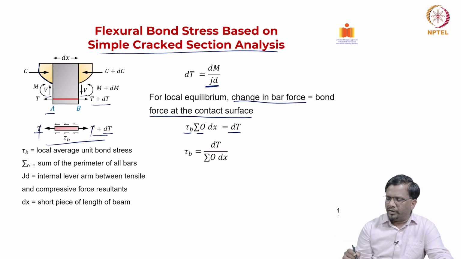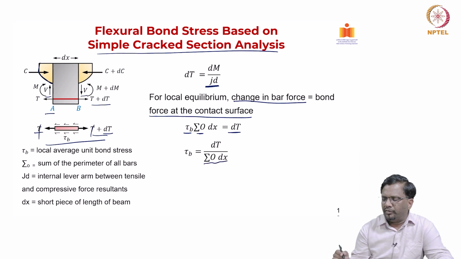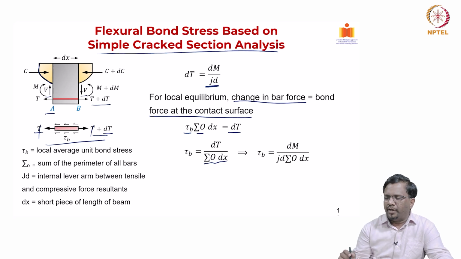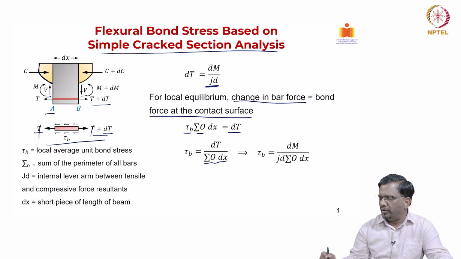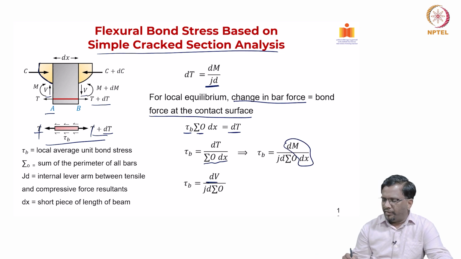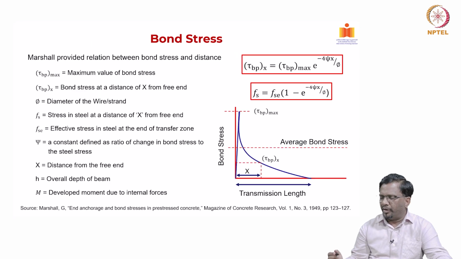So, we have seen that. Now, what is tau b? It is dT divided by the summation of perimeter multiplied by dx. In other words we can write dT as dM by jd, and dM by dx is your change in shear, which is dV. So, we can write dV by jd into the perimeter area.